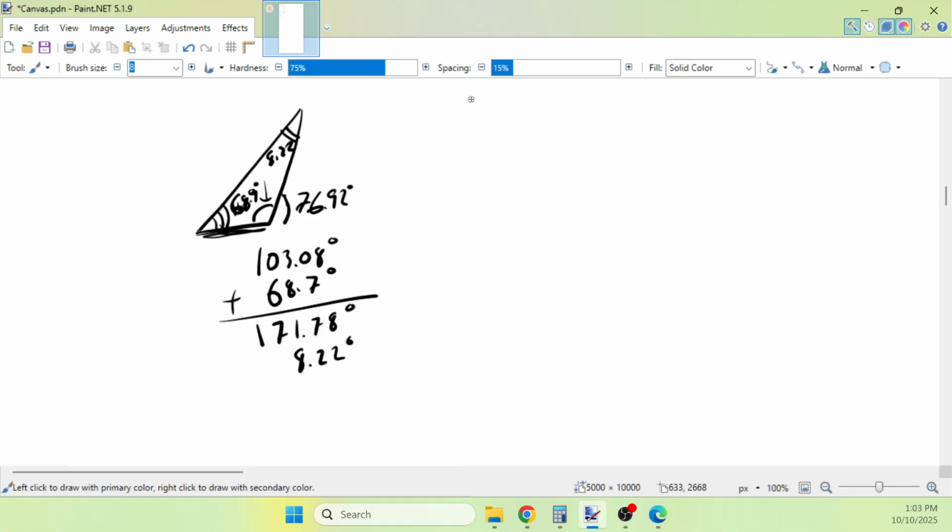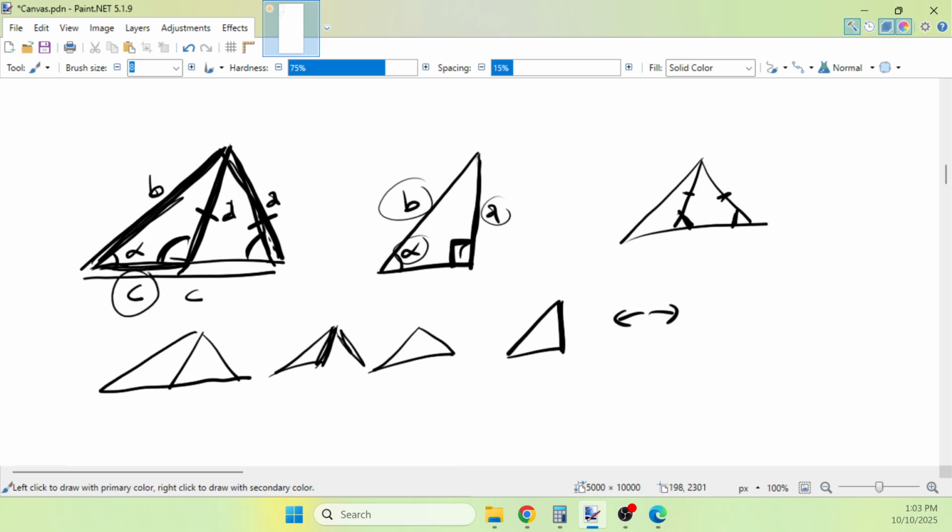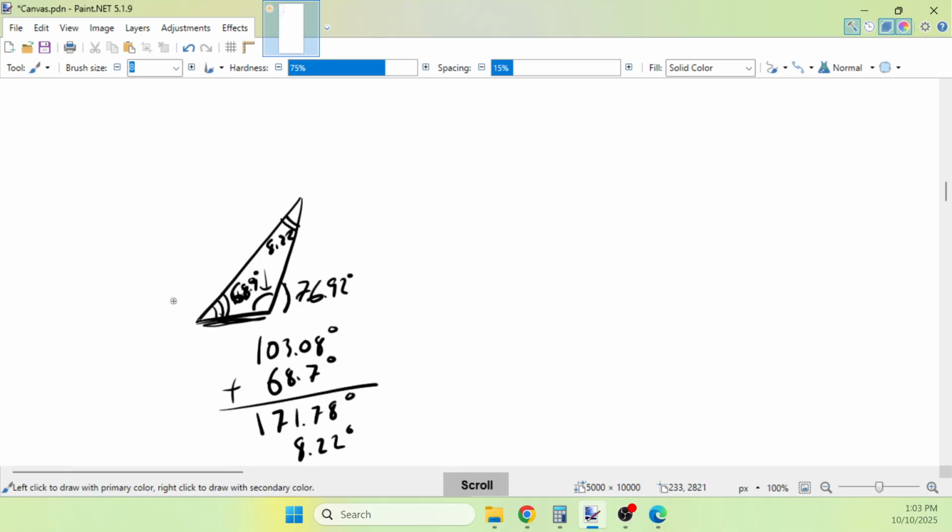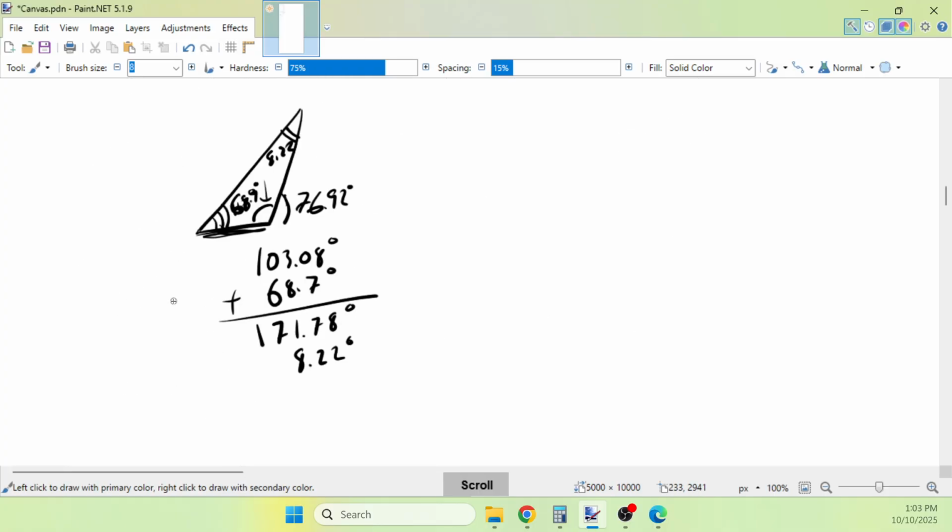And then we could use the law of sines to find the missing sides. We knew A and B, but we could find C, and then we have all three angles.